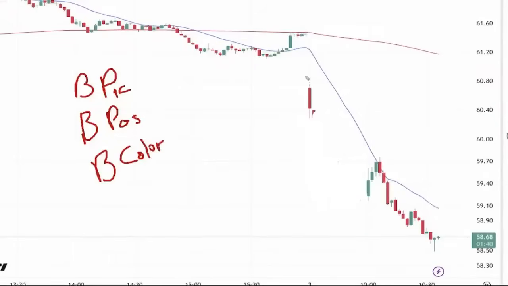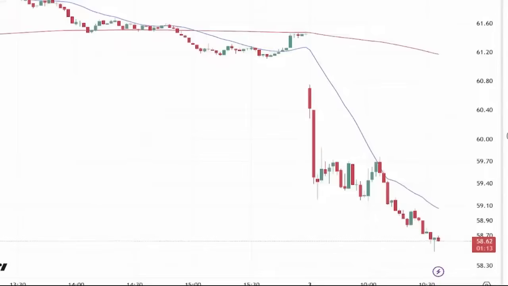Wow. Bear picture, bear position at the open, bear color. You got all three. All systems are go. Everything's a match. And there should be no surprise why something like this flows. It's beautiful.